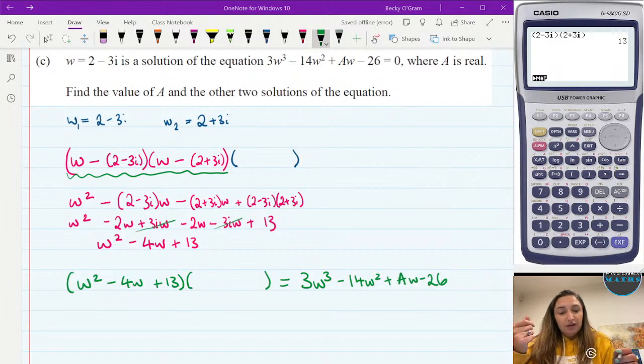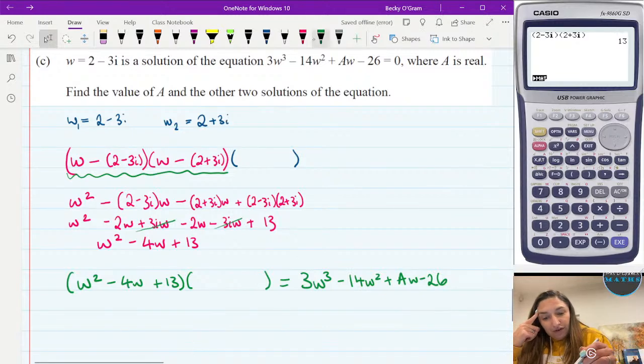Okay. So now what we're going to do is put those things together to work out what's in the gap there. So what would I multiply this quadratic here by to make the cubic that we have over on this side? If we're smart about it, we can just pick out the key pieces that would help us with that.